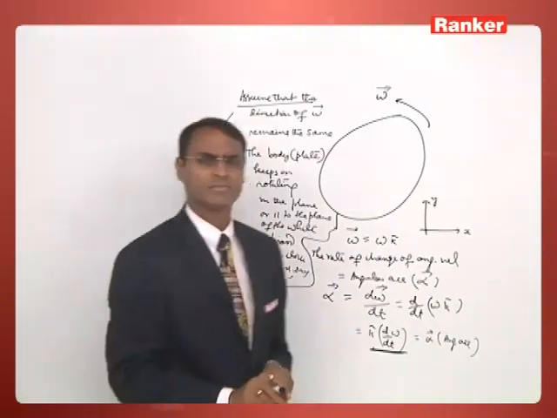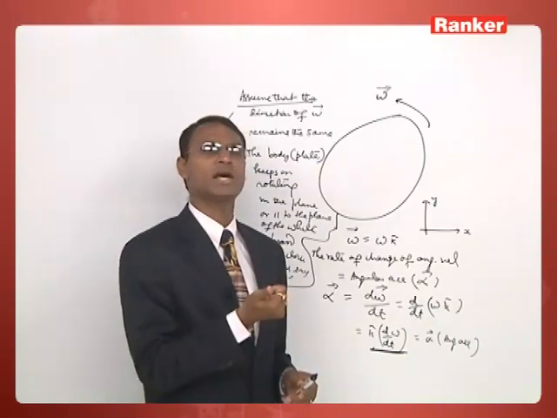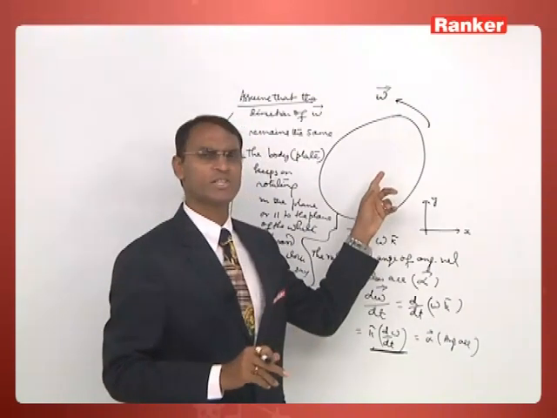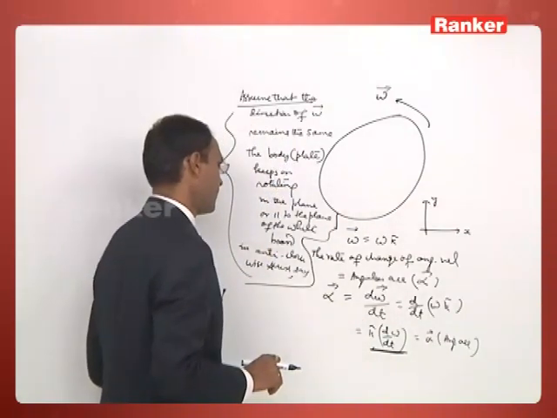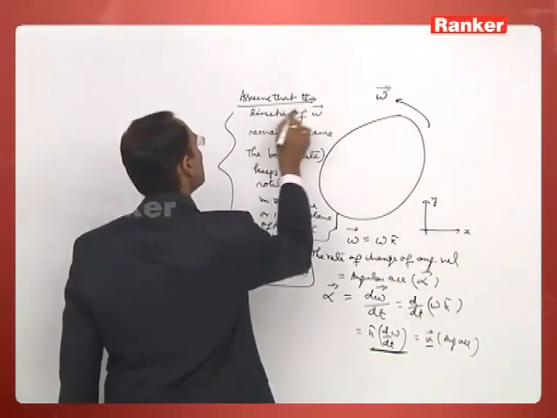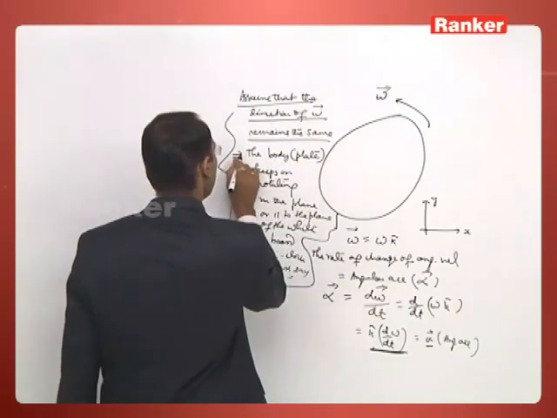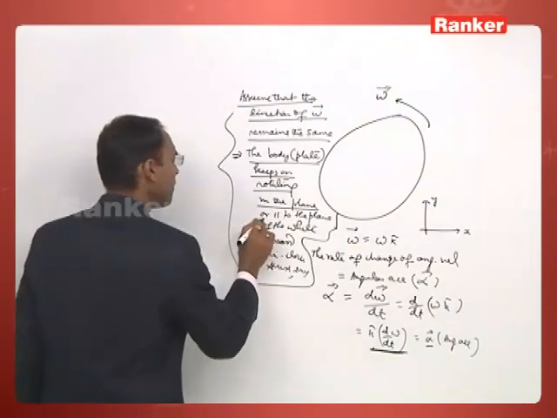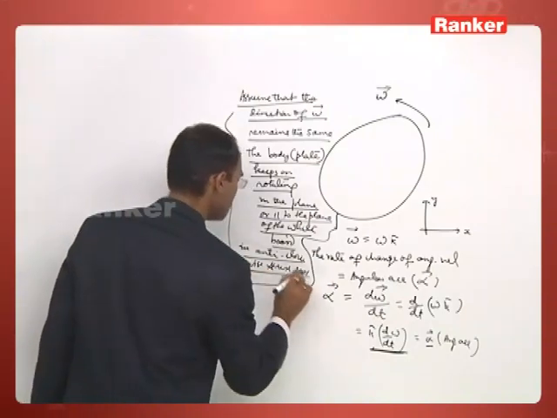The assumption is that the direction of angular velocity of the body remains constant. This means that the body or the plate keeps on rotating in the plane or parallel to the plane of the whiteboard in anticlockwise sense.